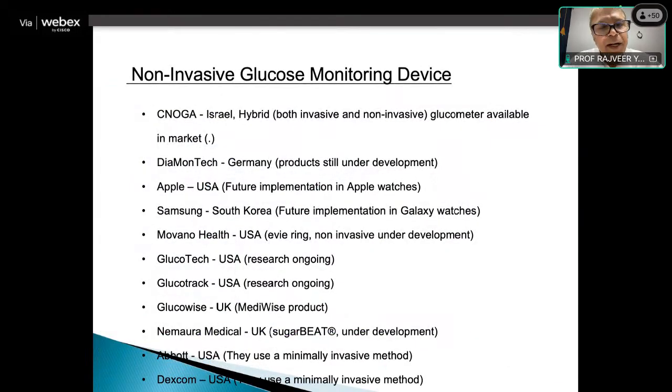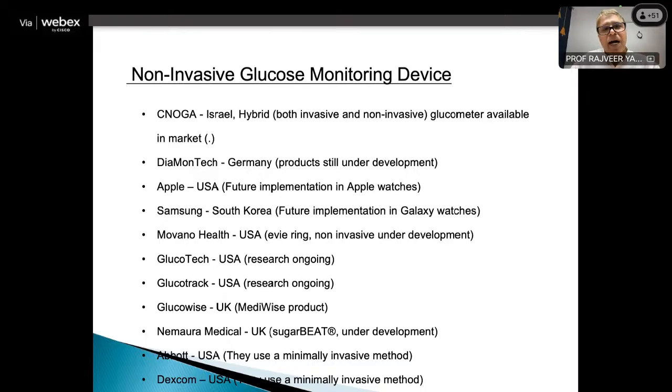As far as worldwide is concerned, these are the popular names. I have made a thorough search to determine which country is working on what parameter and how much they are able to develop. So I got the topmost device, which is from Israel, and the company is Snoga.